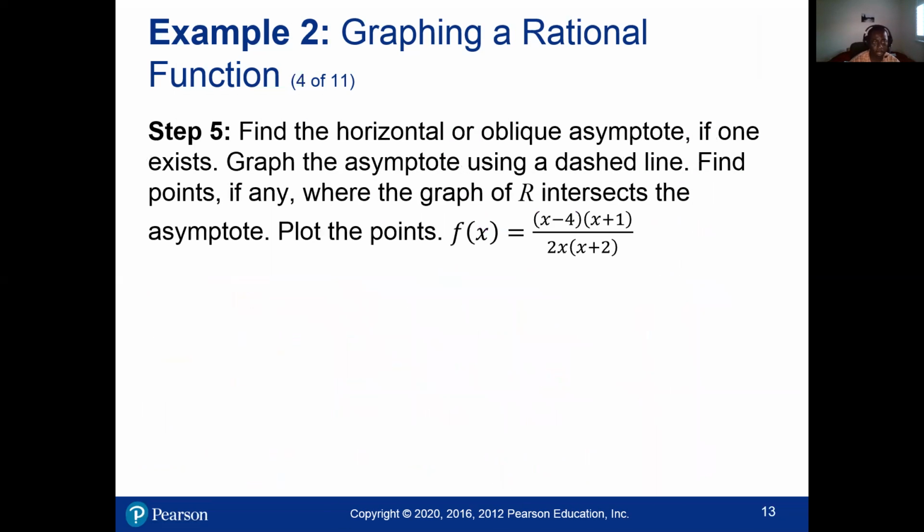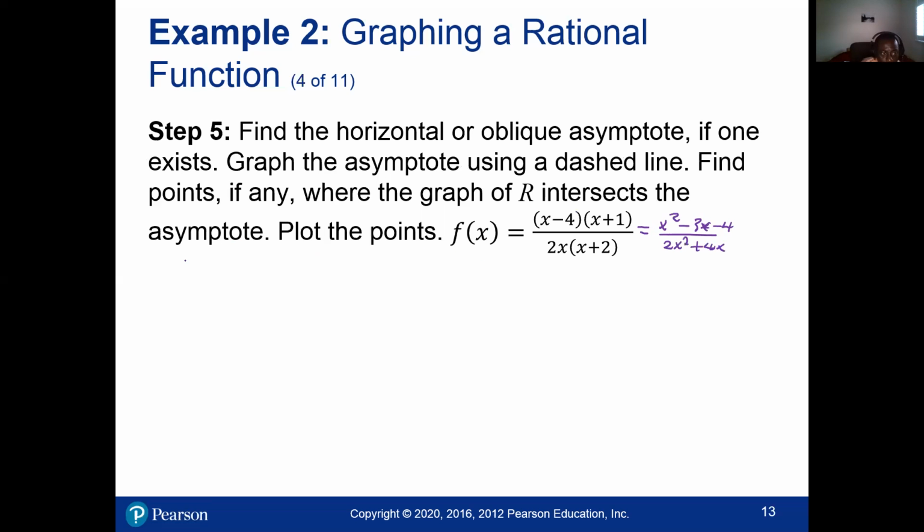Step 5. Horizontal asymptote, or an oblique asymptote. Well, what's the degree? If you look at the degree of the numerator from the original function, we had x squared minus 3x minus 4, divided by 2x squared plus 4x.